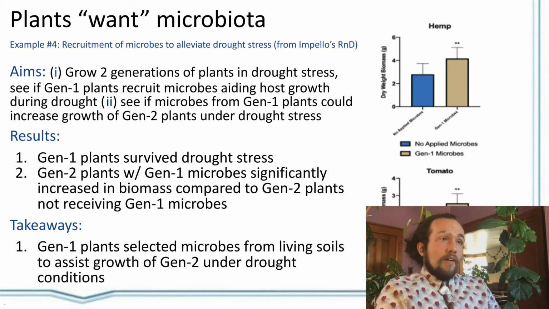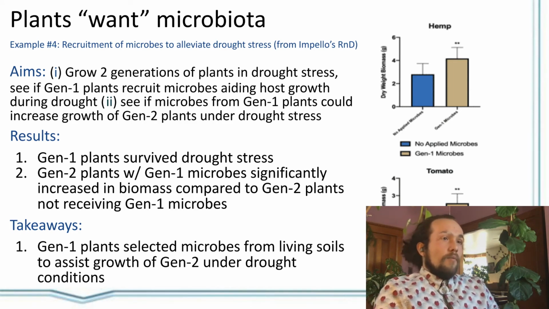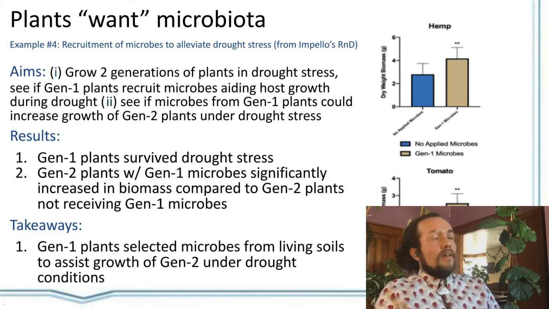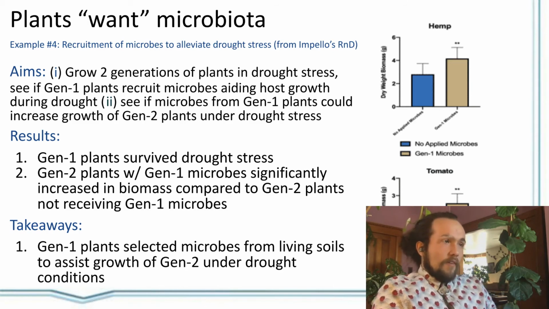So on the right side here, we see the blue bars are plants from hemp and tomato that did not get microbes inoculated from generation 1, and the tan bars are ones that did get inoculated microbes from the plants in generation 1, and they were able to perform significantly better when using the generation 1 microbes that were recruited under drought stress.